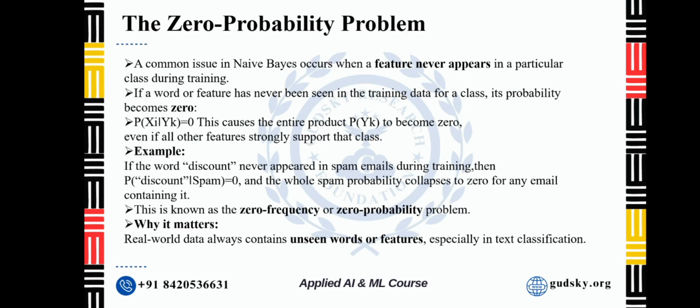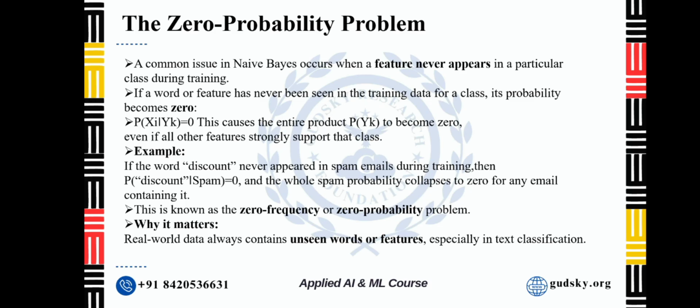So if even one of them is 0, the entire class probability collapses to 0. That means even if all other features strongly suggest spam, the final result becomes 0 because of the one missing word. This is called the zero frequency or zero probability problem, and it's quite common especially in text data where the vocabulary is huge and not every word appears in every class.